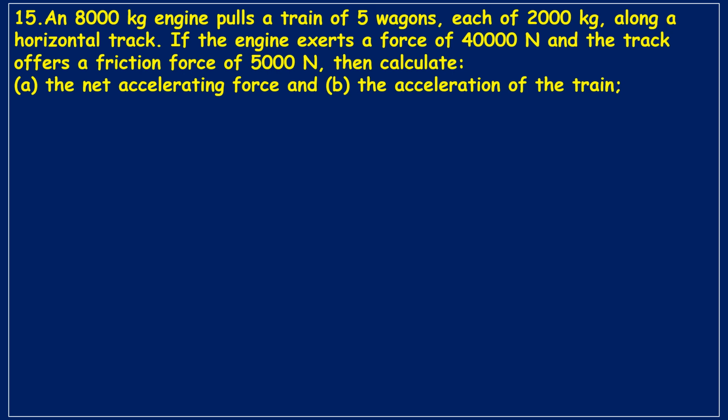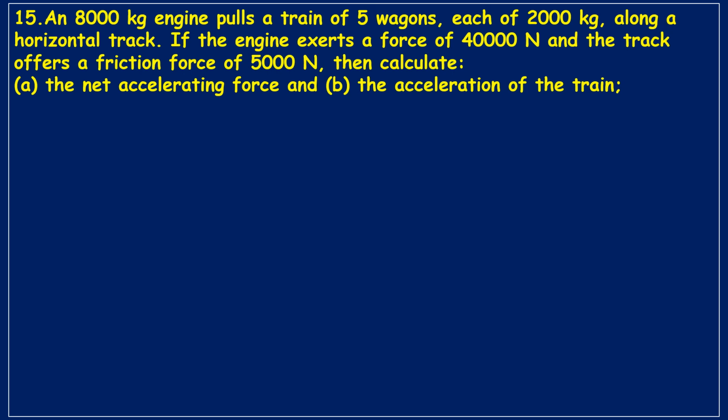Right. See here, a train is moving, whose engine's mass is 8,000 kilograms, and that is pulling 5 wagons. Each wagon's mass is given as 2,000 kgs. That engine exerts 40,000 newtons of force on the five wagons, and at the same time friction force acts on the whole train, which is given as 5,000 newtons.